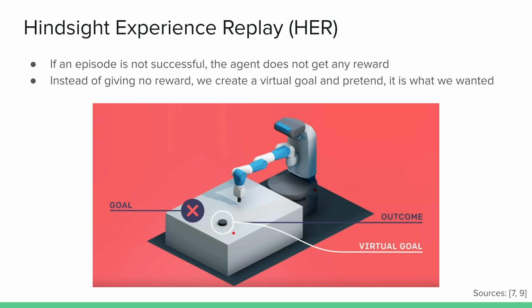That's the outcome. So we define this part where the object landed as our virtual goal, and by pretending that is our goal and changing our goal on the fly, we can say, okay, I can give you a reward because you did exactly what I wanted you to do.